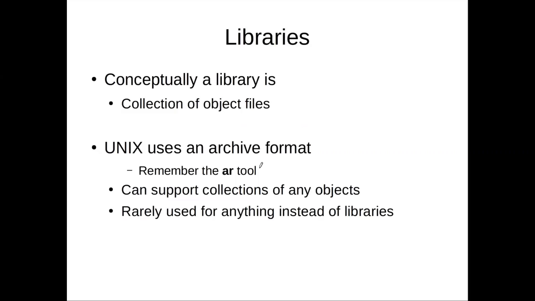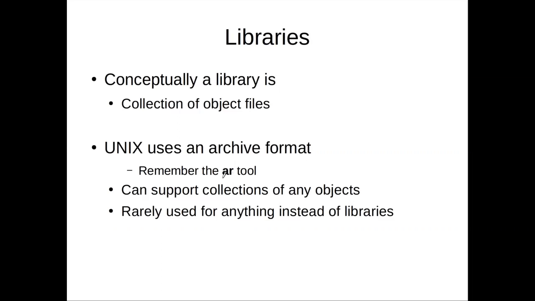So let's start with static libraries first, which have the .a extension on Unix systems. Conceptually, a static library is just a collection of object files. It is as simple as that. Someone bundles object files together with an archiver. Unix systems use a specific archive format.